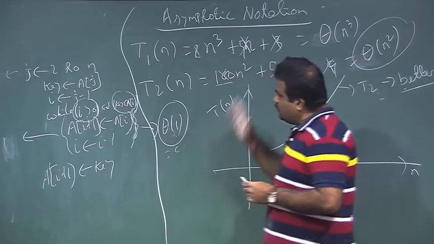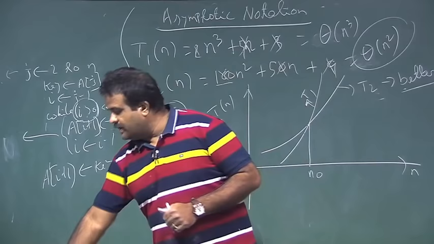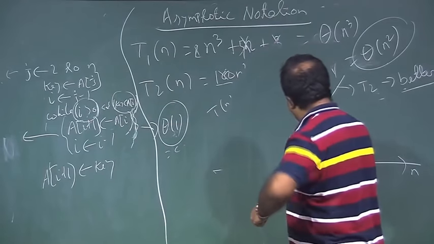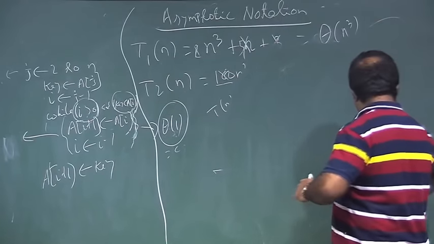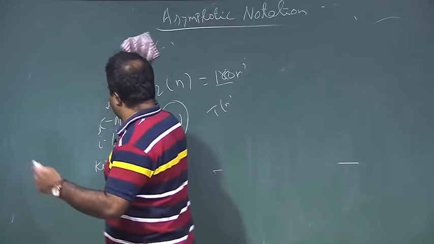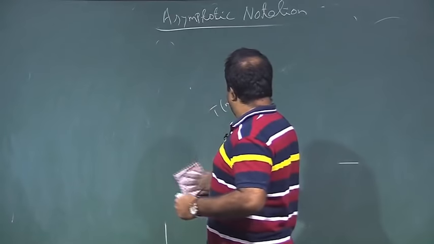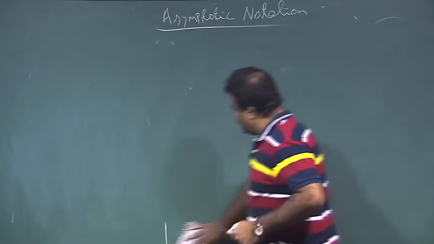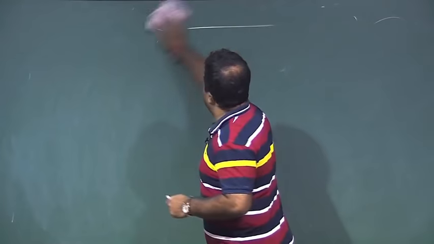Okay. So, now we formally define the asymptotic notation. We have three asymptotic notations: big theta, which we just discussed, big O, and big omega.